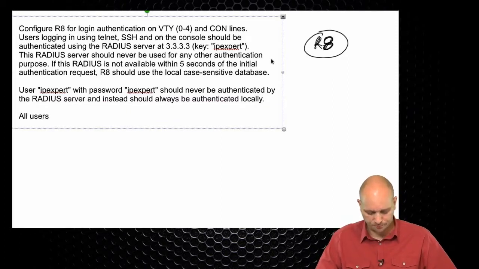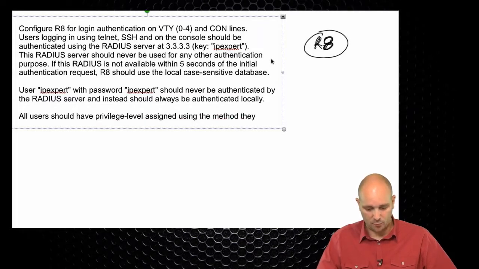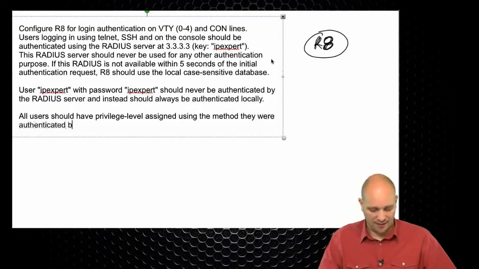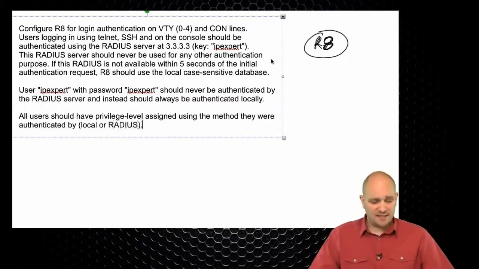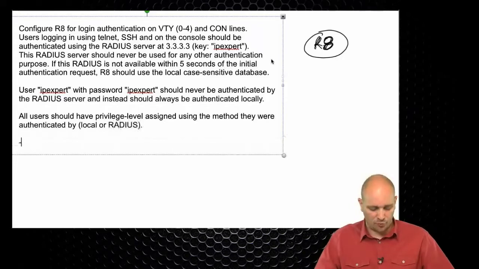All users should have privilege level assigned using the method they were authenticated by, local or radius. So this is the task, and this would be for 3 points.